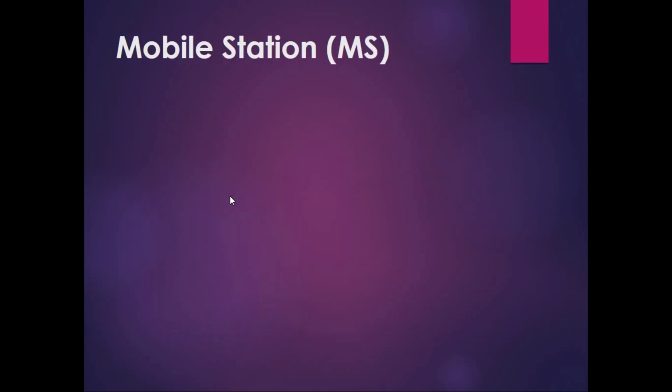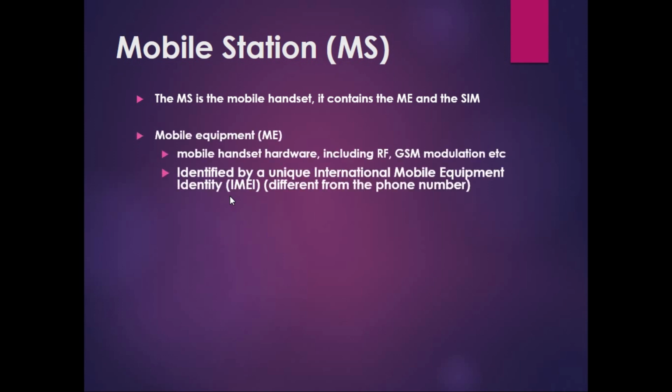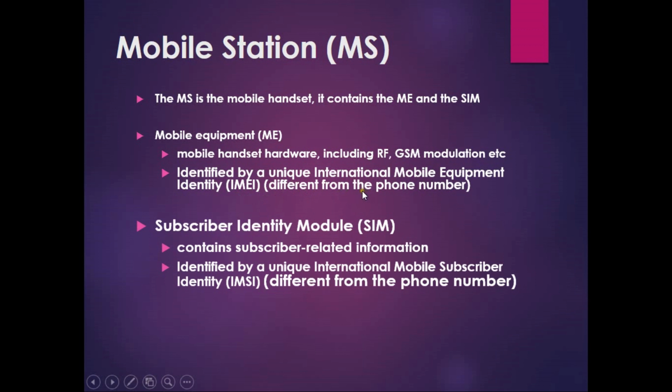Mobile station, that means MS. What is MS? The MS is the mobile handset. That means mobile station. It contains the ME and the SIM. ME means mobile equipment: mobile handset hardware including RF, GSM, modulation, etc. It is identified by a unique International Mobile Equipment Identity, that means IMEI, different from the phone number.